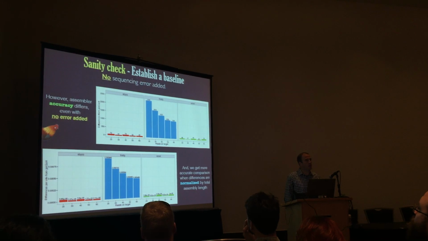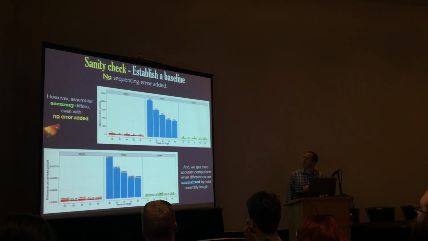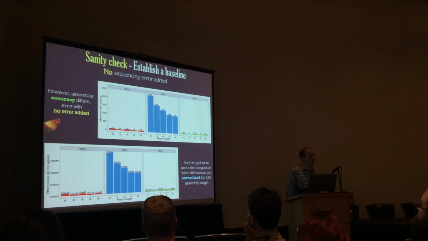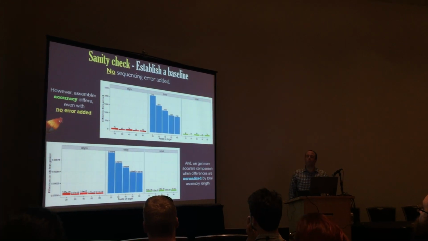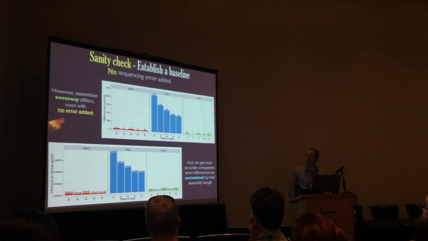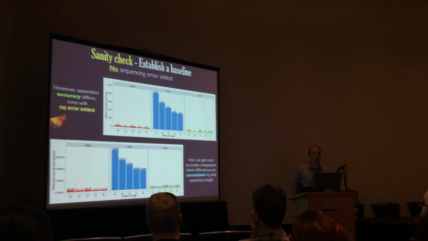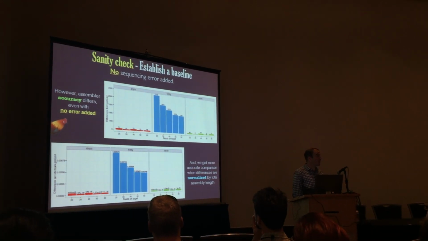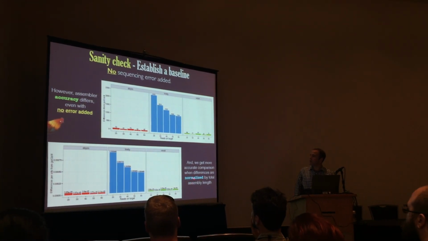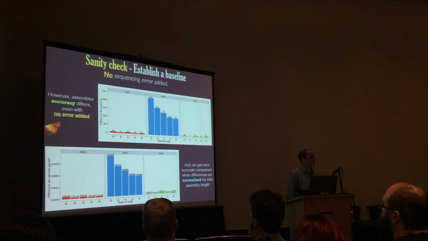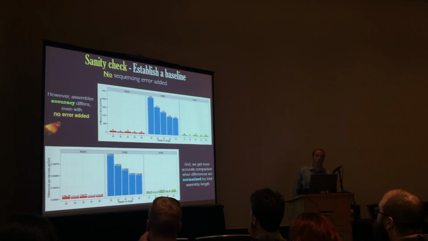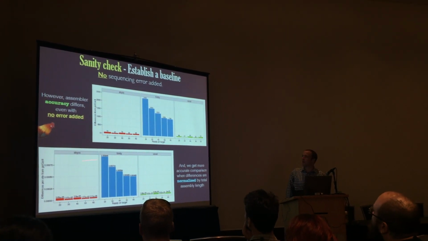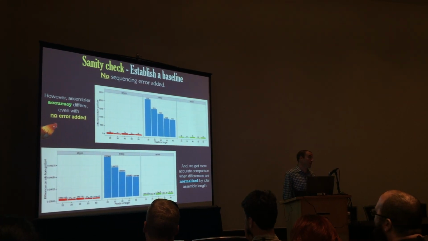There is no simulated error in these data, so we should see all of these numbers being very low. Probably a better way to talk about assembly error is to normalize these numbers by the total assembly length, so we get a relative rate of assembly error. On the top is just the total number of errors that you get. On the bottom is this relativized rate of error.